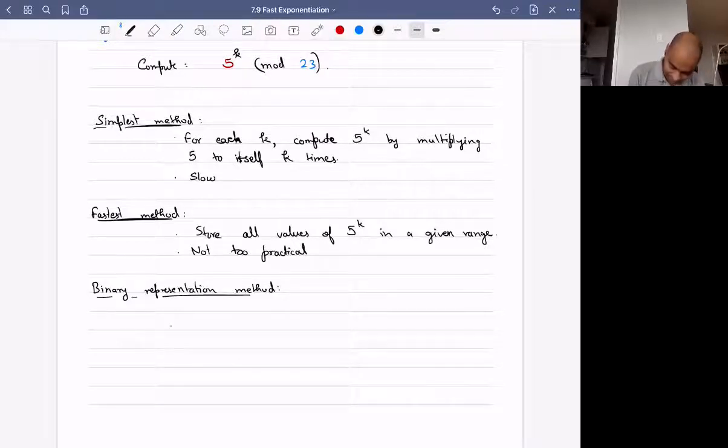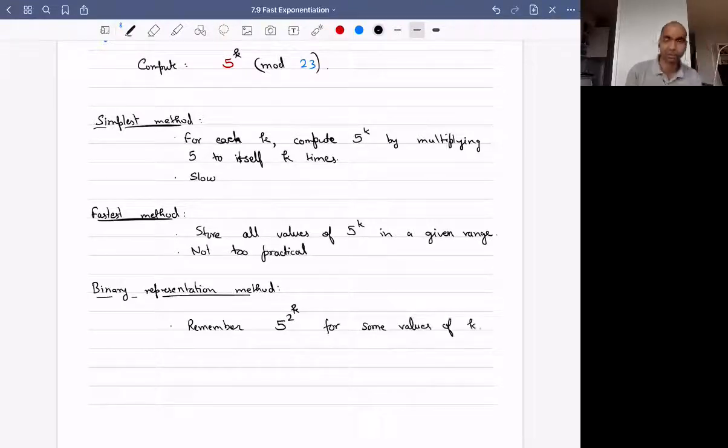And what this method says is you remember 5 to the 2 to the k for some values of k. Okay, so I remember the powers of 5, but the powers themselves are only powers of 2.